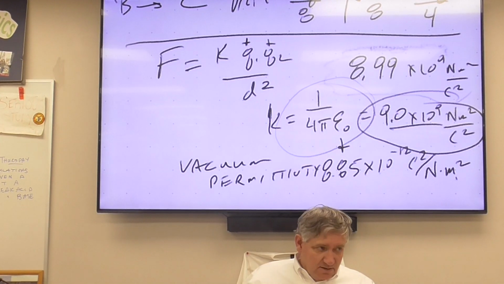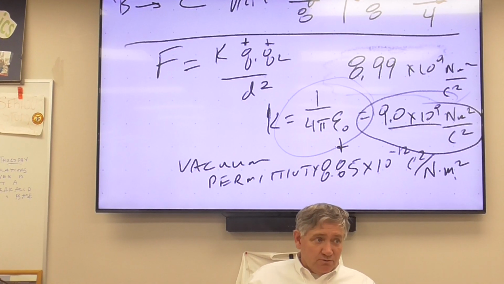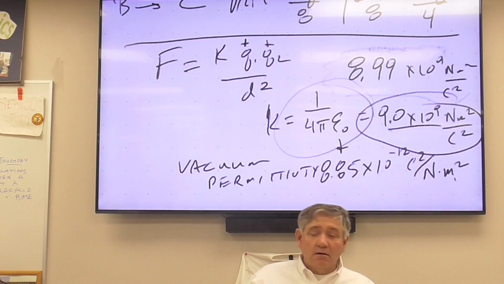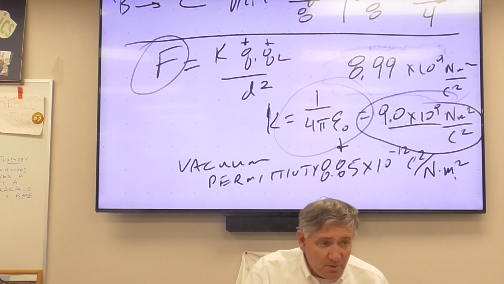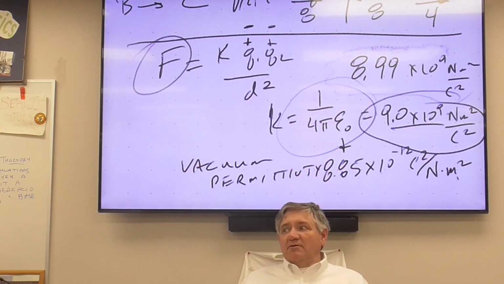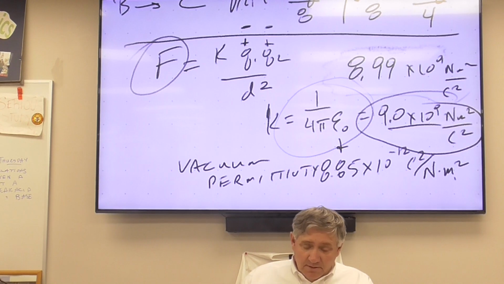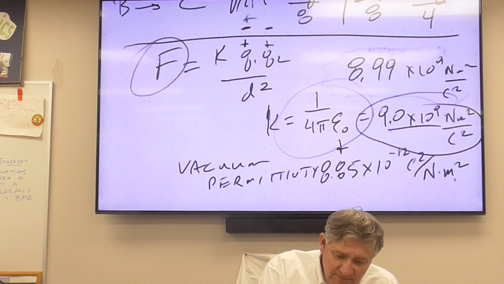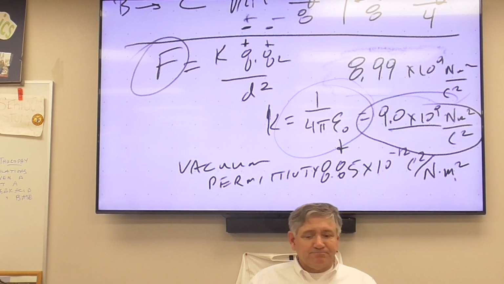Positive. Are they going to repel or attract? Repel. So you could end up with a positive force. If you had two negative values, that's also going to repel. But if you have a positive and a negative, then you're going to attract.